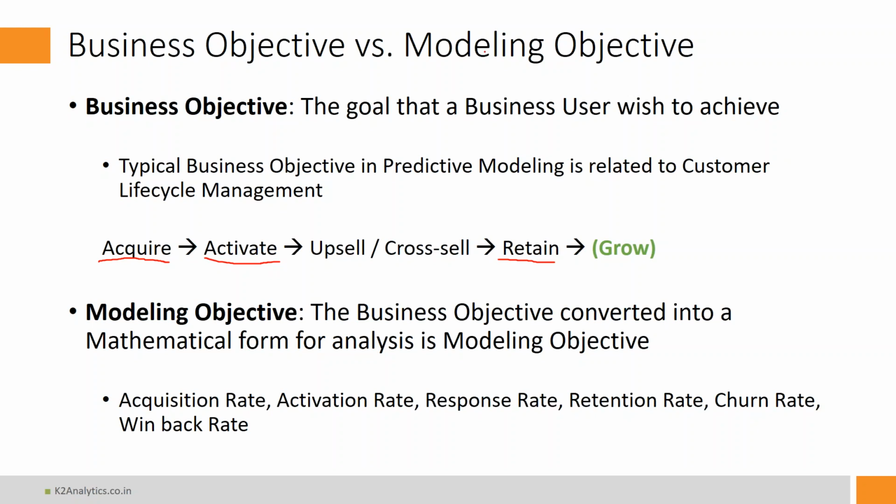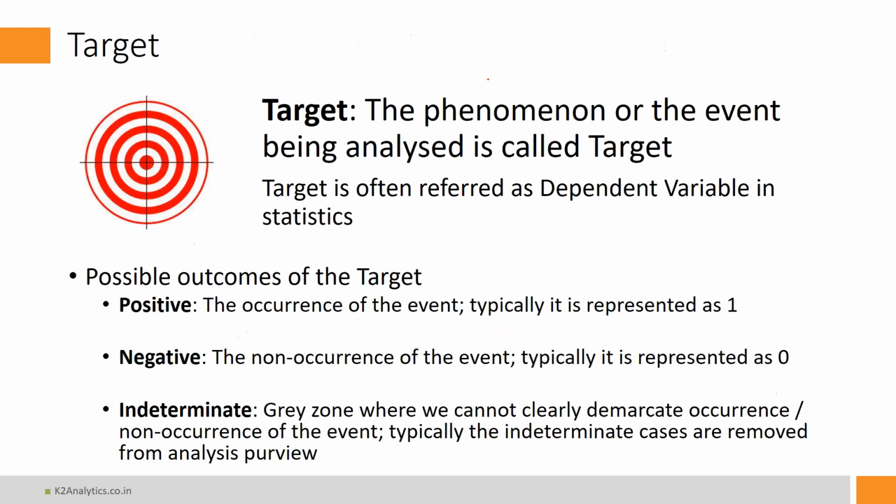So let's move to the next step: target. When you build these predictive models, you require something called a target. The phenomenon or the event being analyzed is called the target.